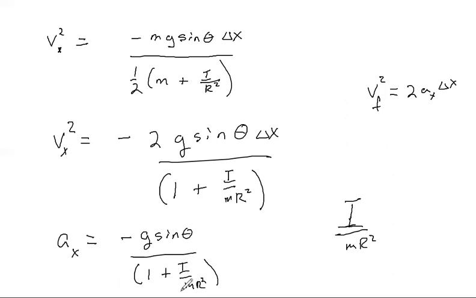So the one with the larger coefficient will have the smaller acceleration. So we would expect a solid disk to win when compared to a hoop or a hollow disk. So that's kind of an interesting observation.